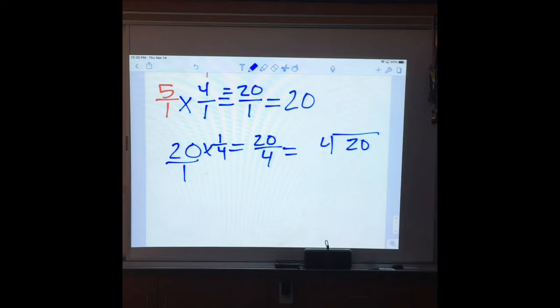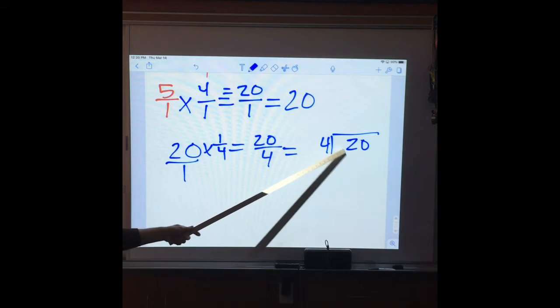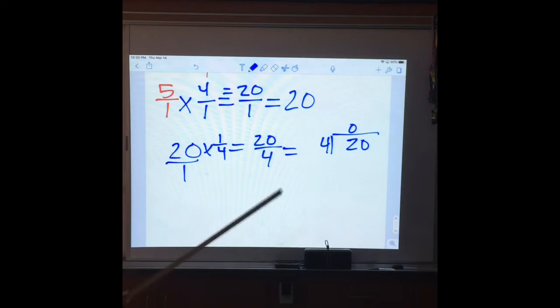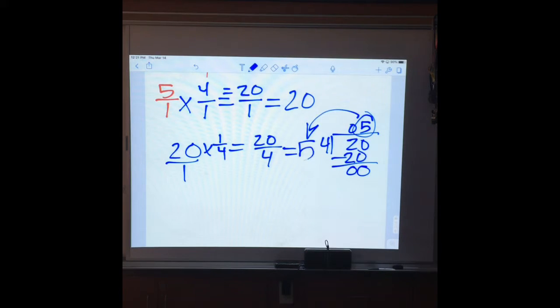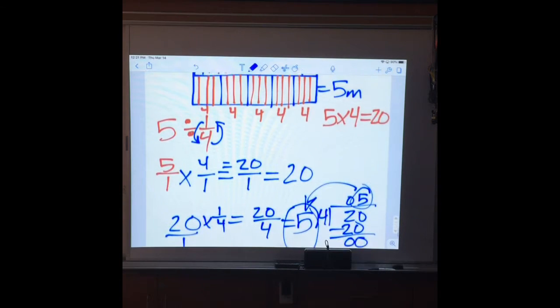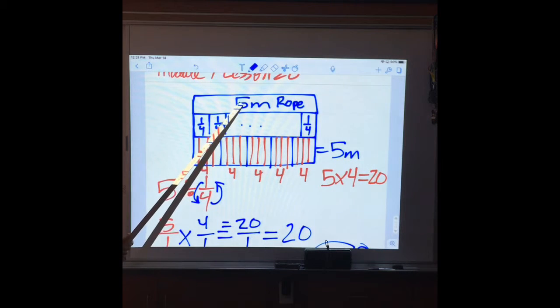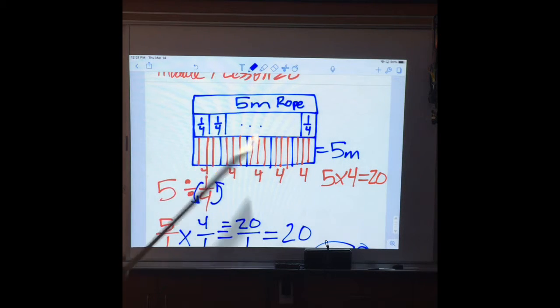What goes on the outside? 4. How many 4s are in 2? 0. How many 4s are in 20? 5. 4 times 5 is 20. I subtract, and I've got nothing to bring down. What's my answer? 5. That goes in here. Is this the number we started with on top up here? Yes.